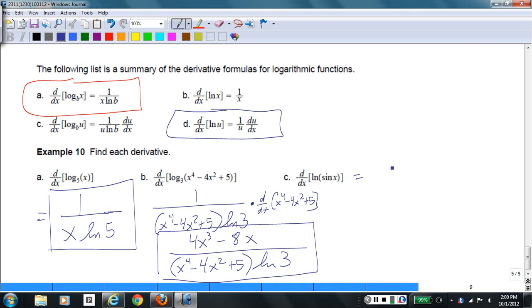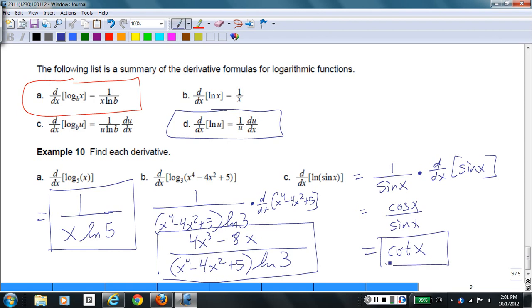So this is going to be 1 over the sine of x, sorry, sine of x is the expression u. 1 over the expression times the derivative of that expression. And we'll see this time and again. What's the derivative of sine x? Cosine x. So this is going to be cosine x over sine x. And this is cotangent x.